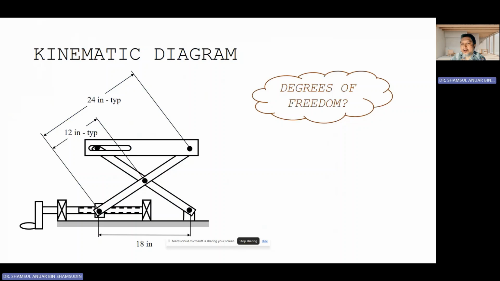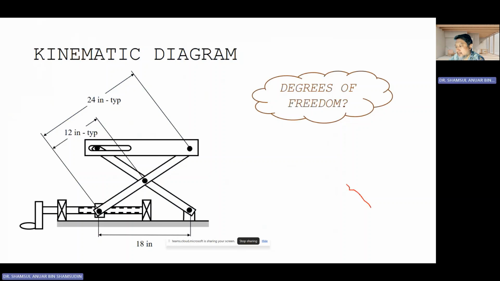Okay, so how about we show the work on how we can get the one degree of freedom system. How do we do that? Maybe I have to use the pen. So I draw this thing.